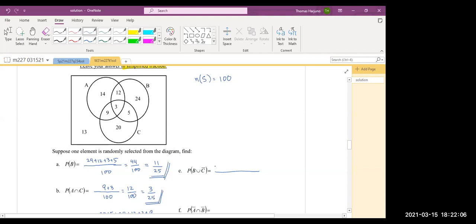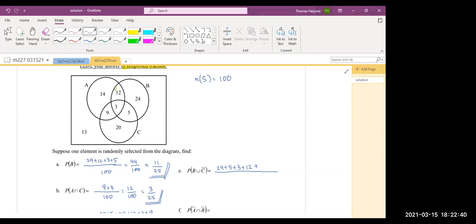So as long as it is in either one of them, you count it in. Now, how many elements in B? They have to be inside B, so it'll be 24 plus 5 plus 3 plus 12. That's right. Now include the ones not in C.